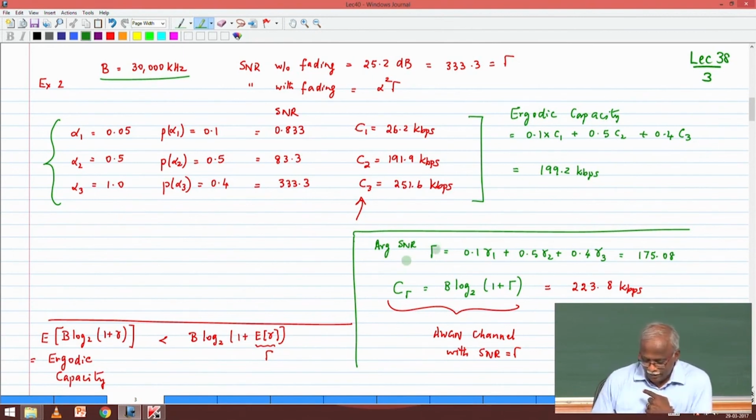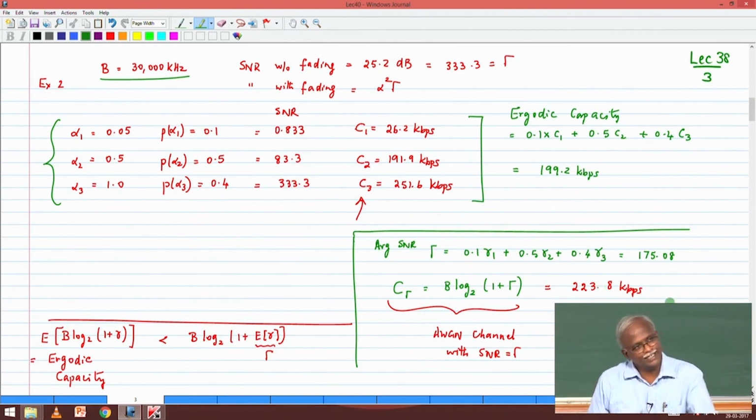One is if I calculated the average SNR based on the probabilities of the different SNRs, and then calculate a capacity, that would be the capacity of an AWGN channel with the same average SNR. That came out to be 223 kilobits, almost 224 kilobits per second.